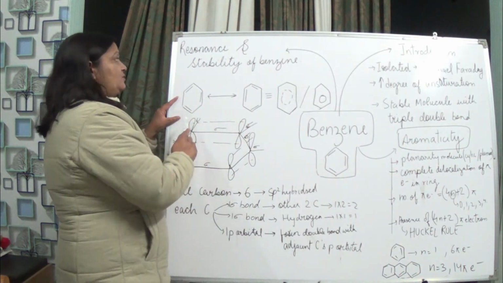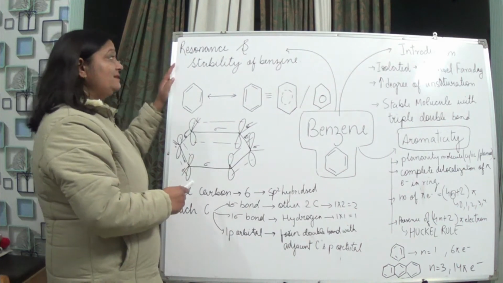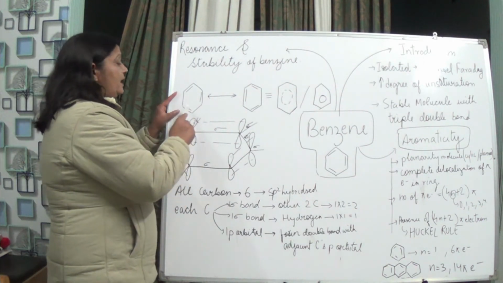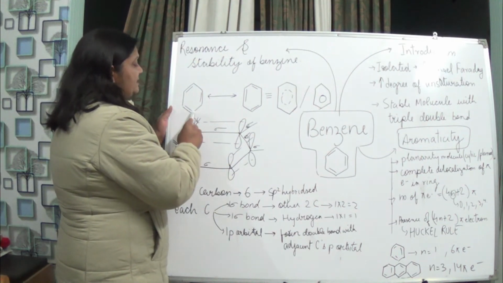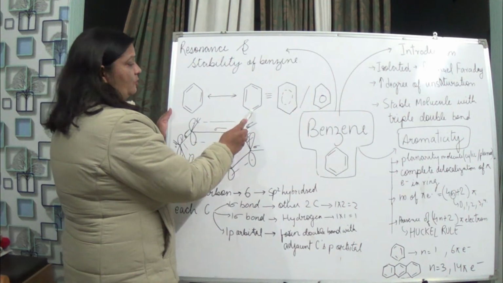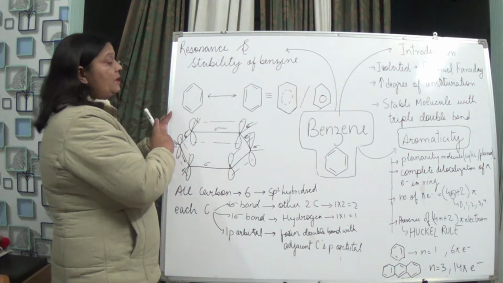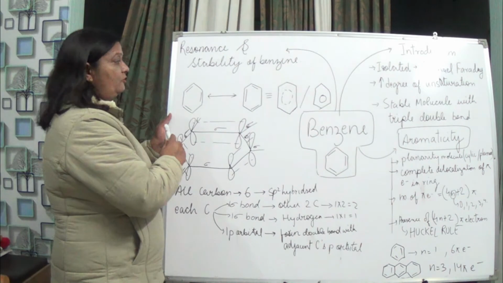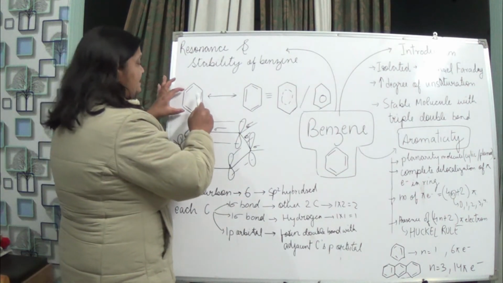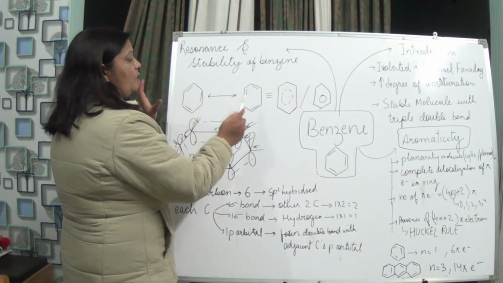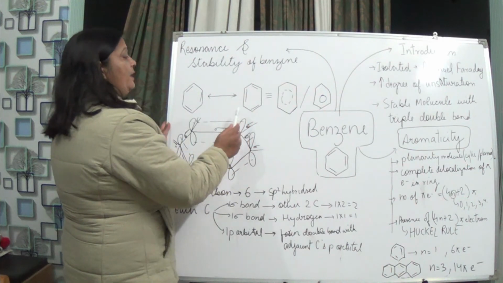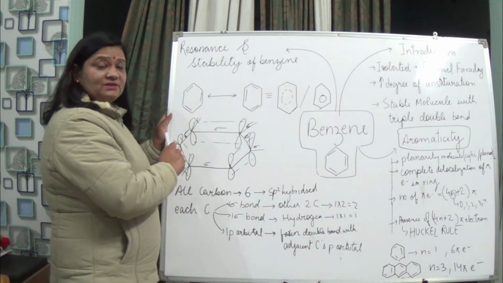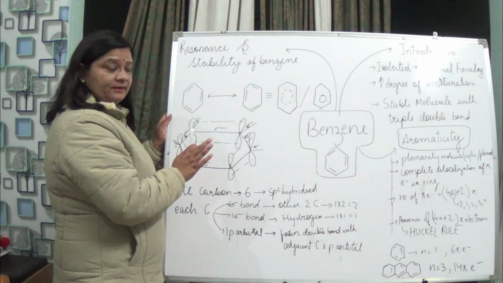Now, I have written the structure of benzene in this manner, but it can exist in these two forms. So this is where we talk about the resonance and the stability of the benzene ring. Here we can see that this can be represented in this form and also in this form, with the double bonds opposite. This structure is also known as the Kekulé structure of benzene. As it can be represented in this form or in this form, these electrons are totally delocalized.